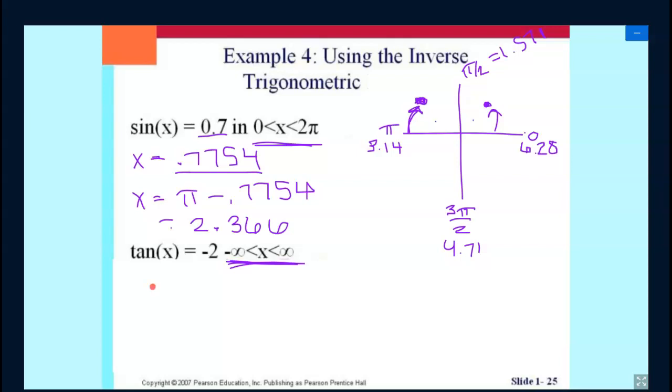So you're going to get x equals -1.107. Are there any negative numbers over here on my unit circle values? No. So if you get a negative answer, you have to add 2 pi to that. So then I get 5.176, which occurs in quadrant 4.